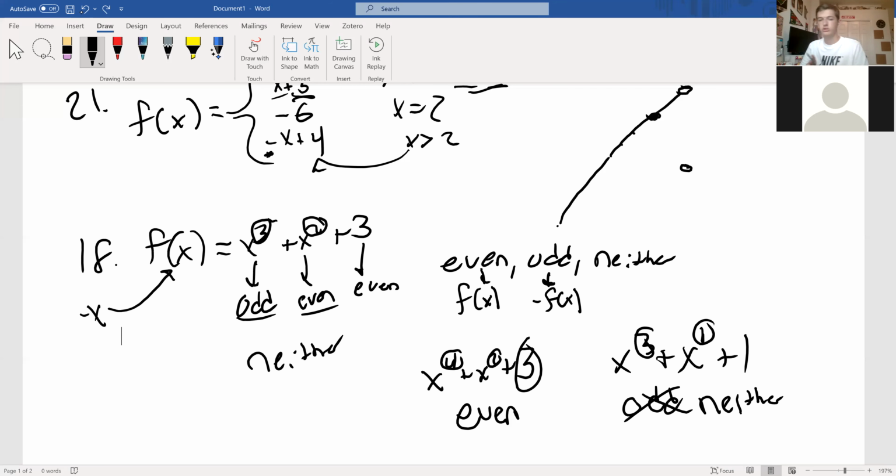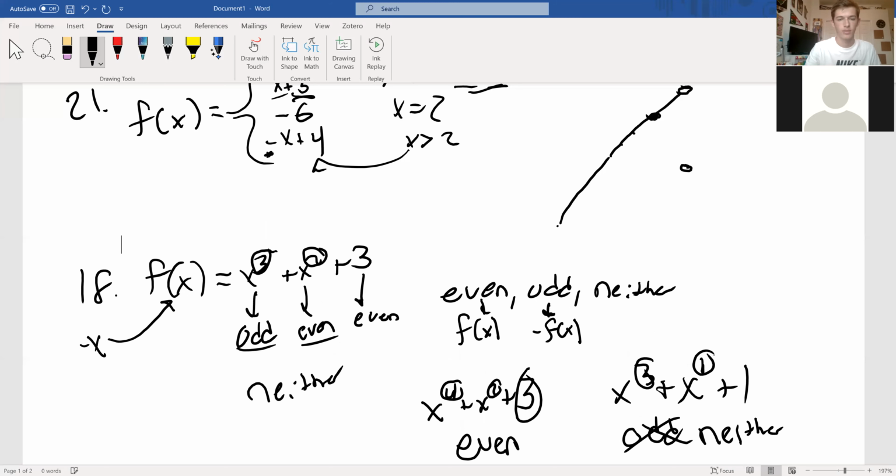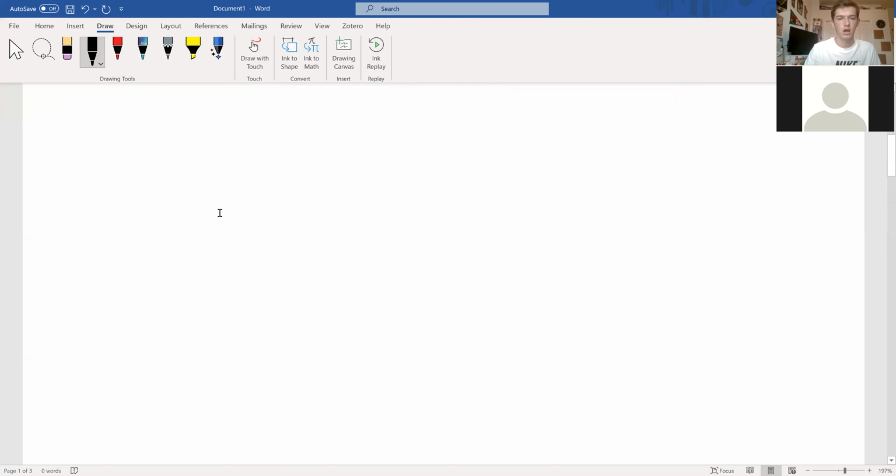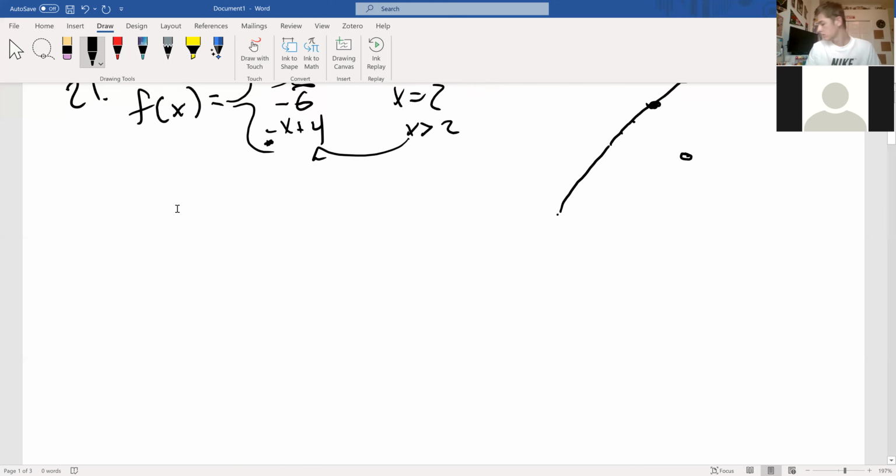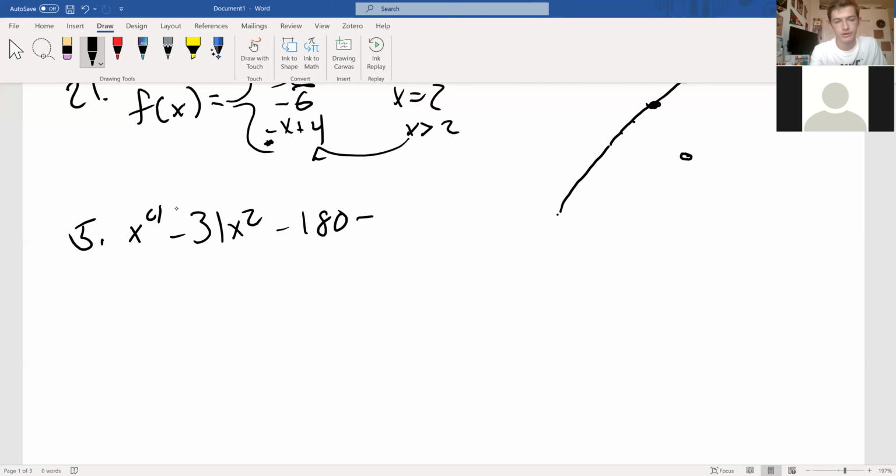All right. So use substitutions. So number 5, it gives us x to the fourth minus 31x squared minus 180 equals 0.